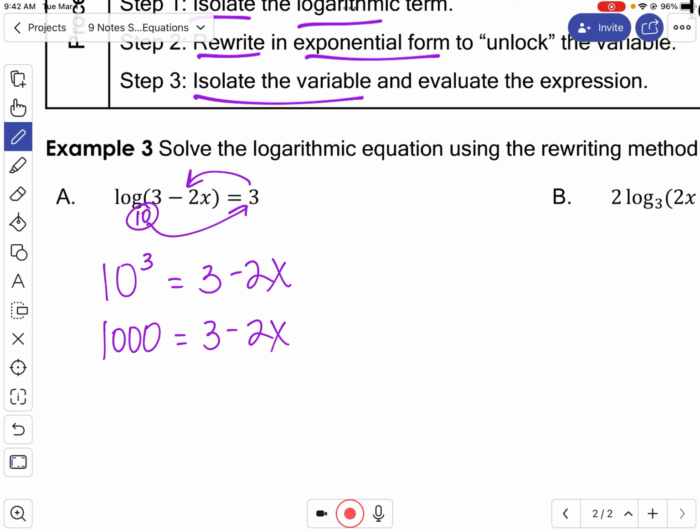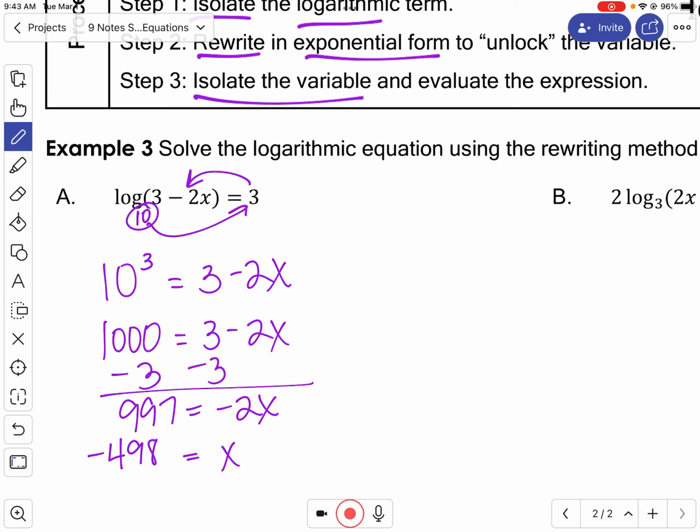Then we are getting x by itself, so we subtract 3. So that's 997 equals negative 2x. When you divide, you should get negative 498.5. If you plug back in here, that's going to end up being a positive because you're doing negative 2 times negative 498.5.